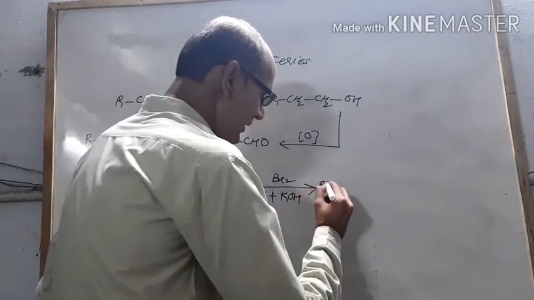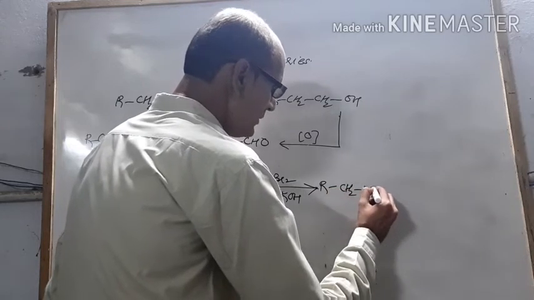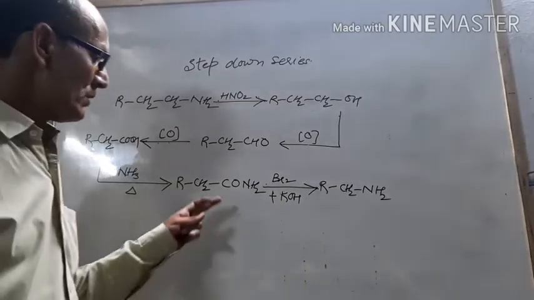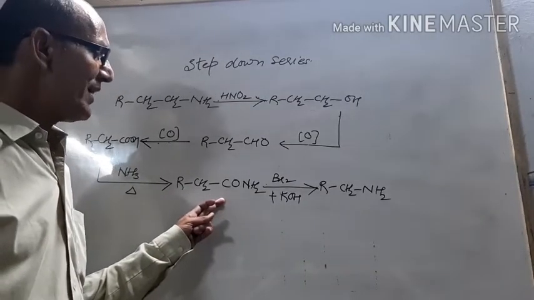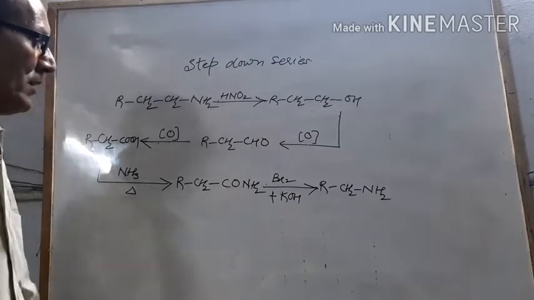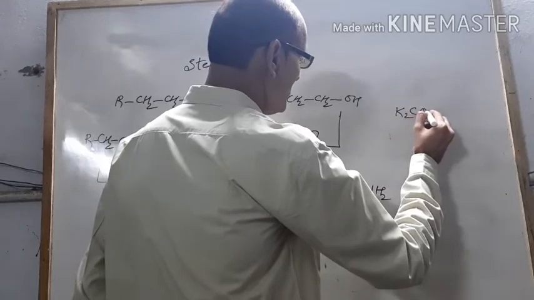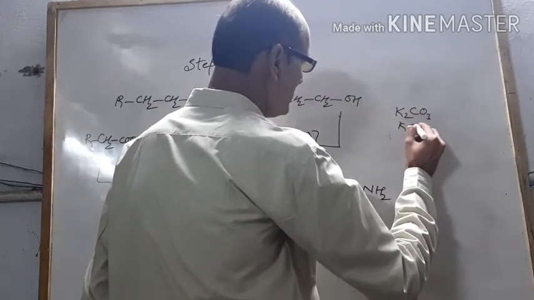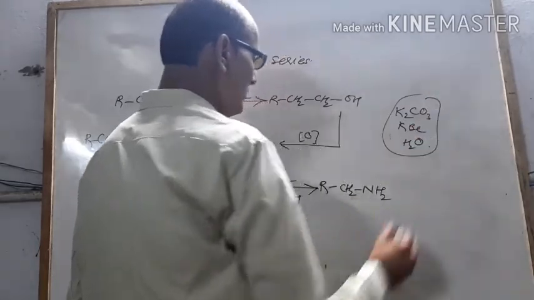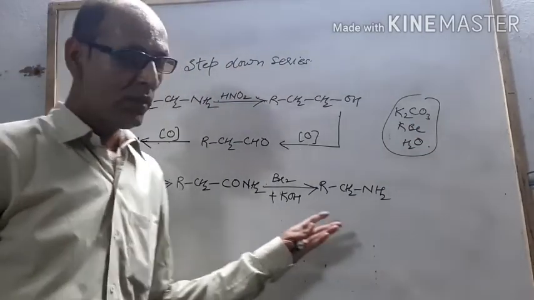That means you will get RCH2NH2. If we write the full reaction, what will be the other products? K2CO3, KBr and H2O will also form, but there is no need to write them during the conversion.